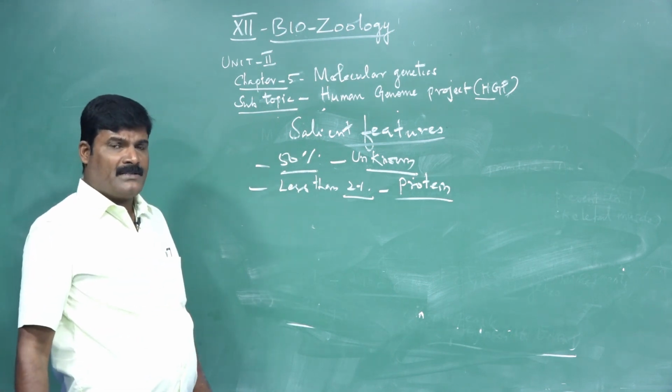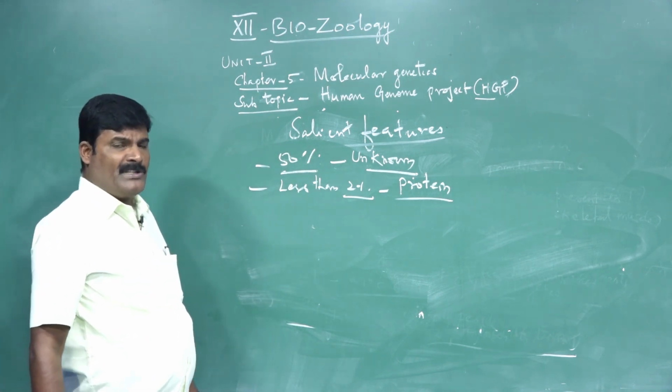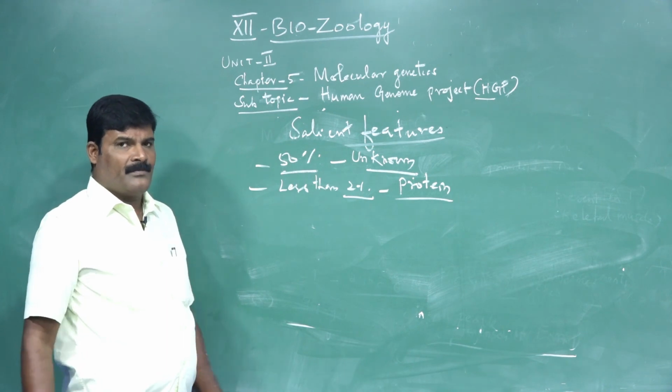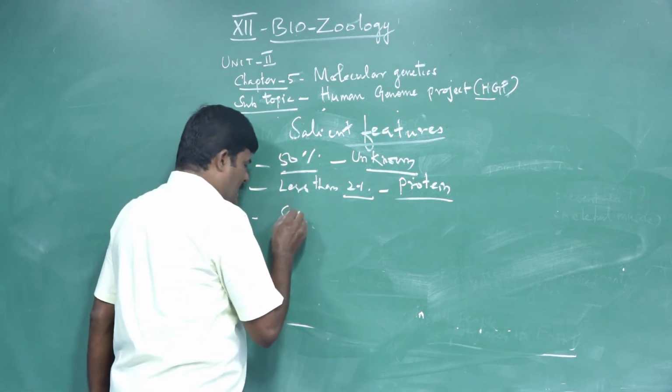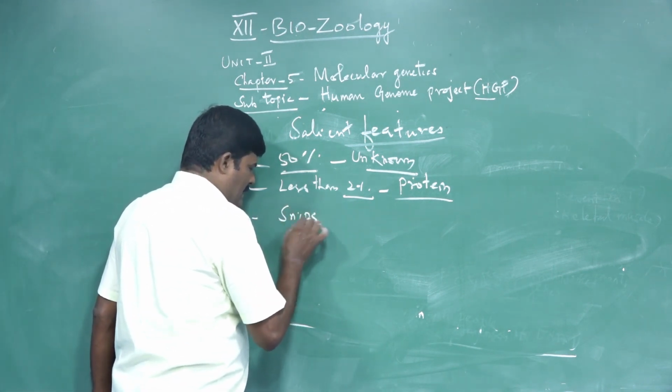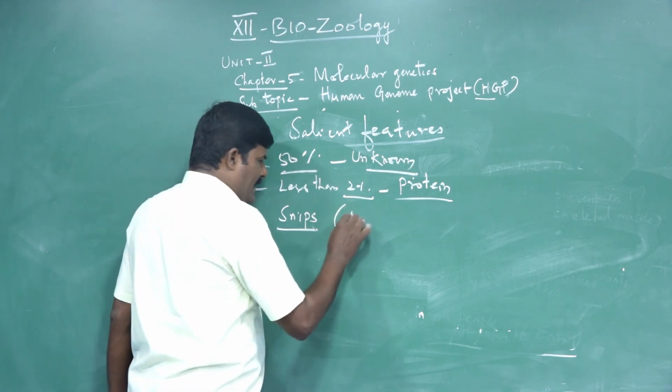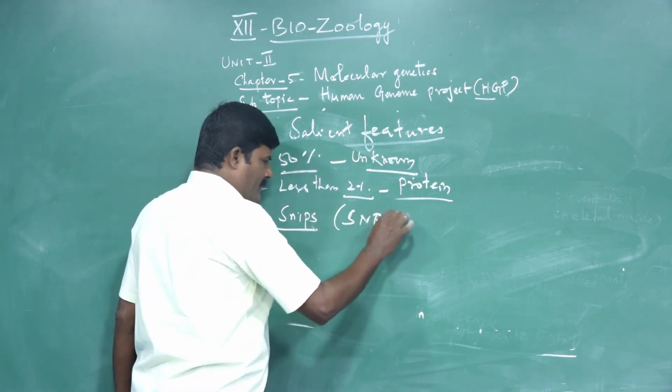Another important point, the repeated portions make the genome larger. The repeated portions are the polymorphic characters, that is called SNPs.